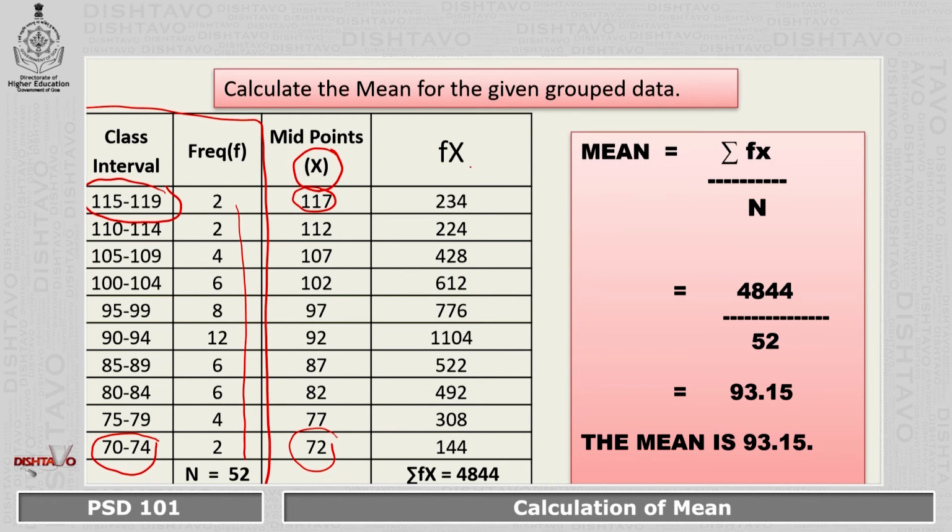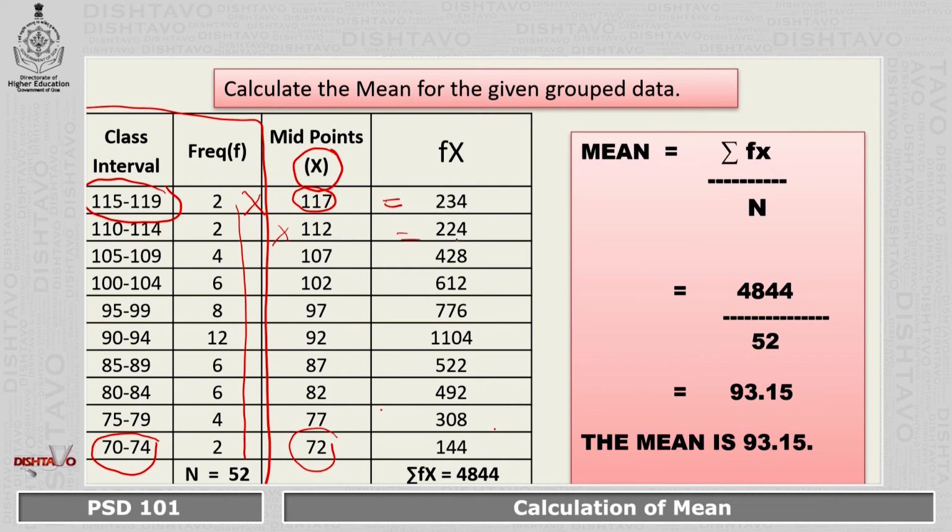The next step for you is to take each of the midpoints and multiply it with its respective frequency. So here it will be 117 multiplied by 2, you get 234. Then we have the second midpoint, 112 multiplied by 2.